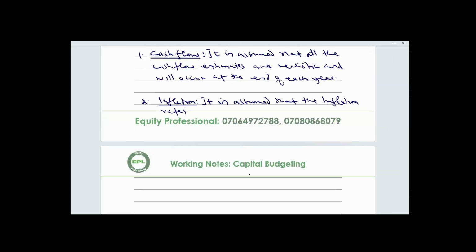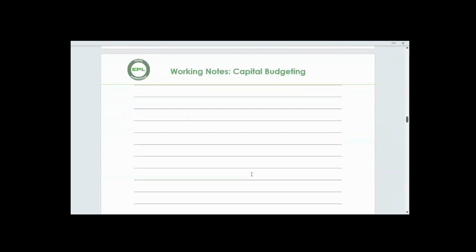So it is assumed that the inflation rate will remain constant within the period under consideration. Okay, so that's our assumption on inflation.